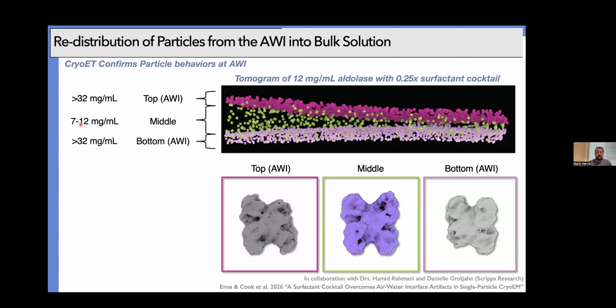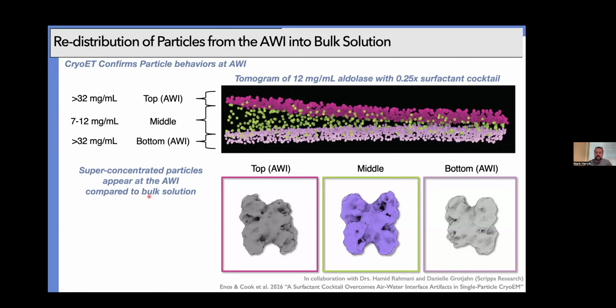And so what we now think is that these super concentrated particles at the air-water interface are increasing the apparent particle density you have. And when you add a surfactant that breaks that interface, you're now no longer super concentrating and you're getting much closer to the actual working concentration you had before you froze.